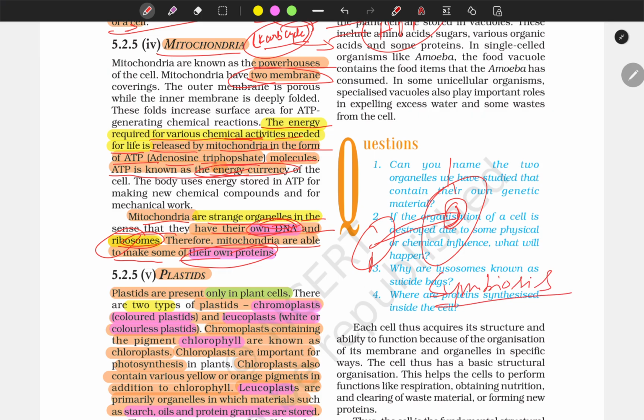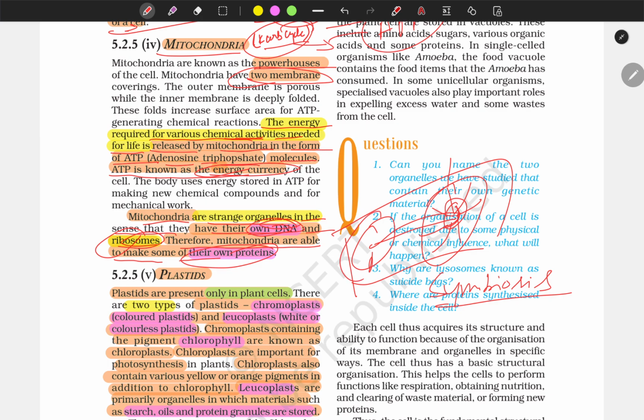I won't go into the spelling. What happens in symbiosis? Both organisms live together inside each other, and they help each other. So this was the story about the mitochondria.